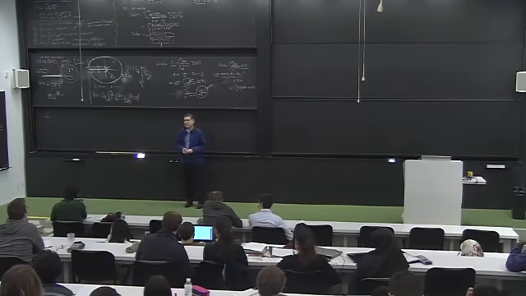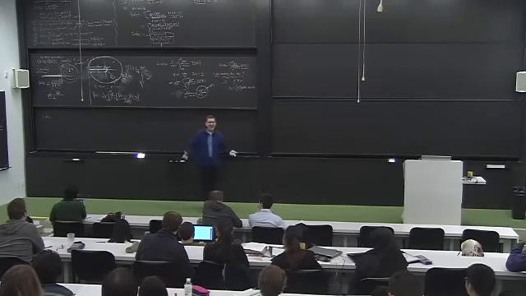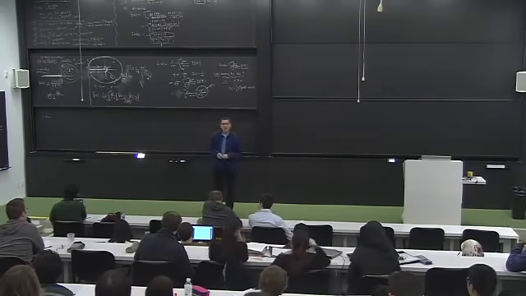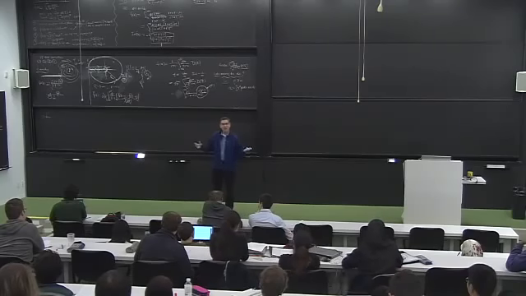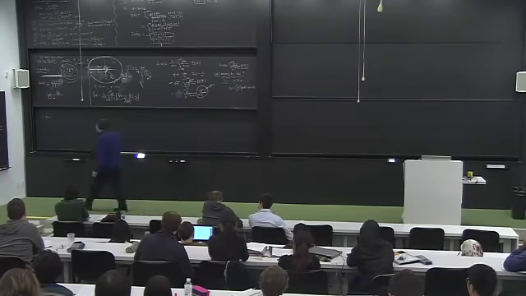But the question is, who cares? I've just been proving theorems for you, but who cares about these theorems? Why do we care about this? And the reason is this.